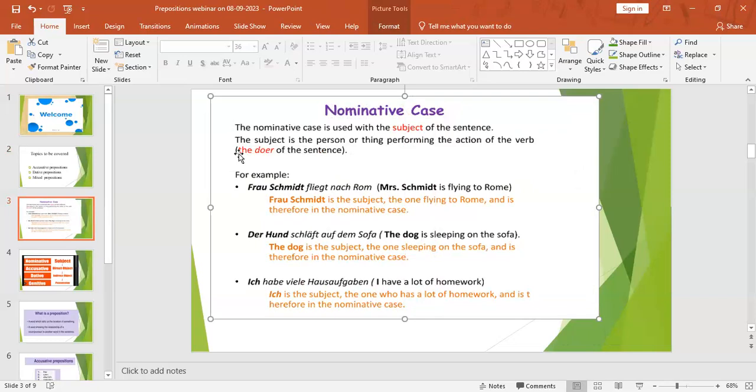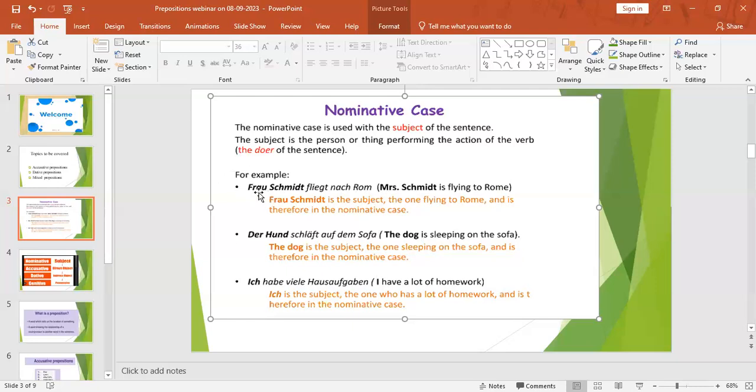Das Auto ist schnell, the car is fast. Die Blume ist schön, the flower is beautiful. In these cases we are describing the subject or the noun. When you want to describe the noun, we use the nominative case, and it explains what the subject is in the complete sentence.